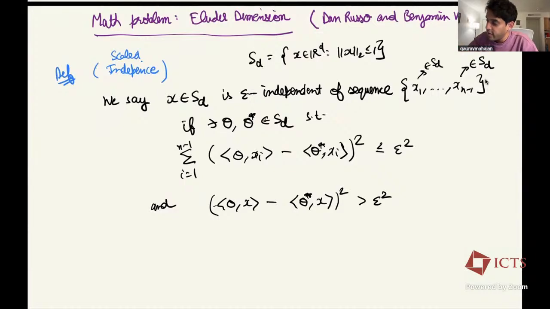So theta and theta star agree on x1 to x_{n-1}, but disagree on x.